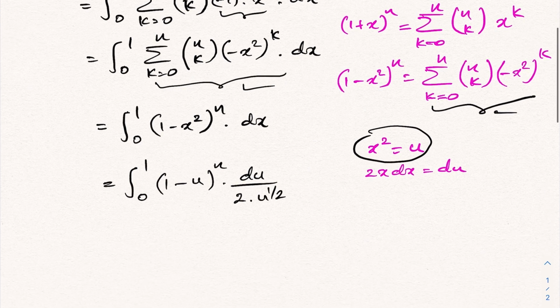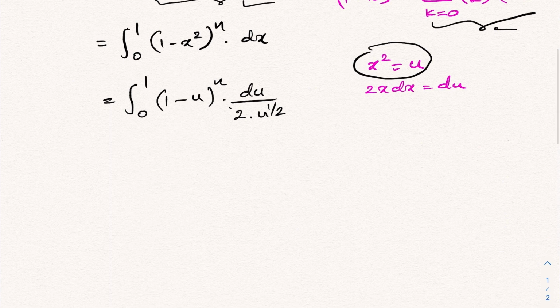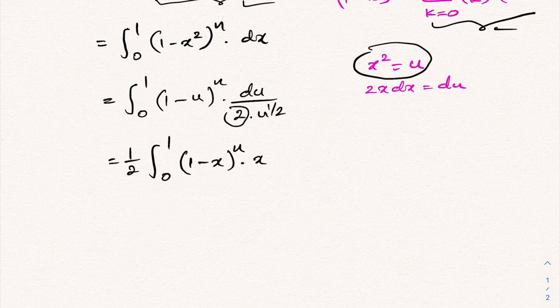Then 1 over 2 is a constant, so we can write it outside of the integral sign: 1/2 times the integral from 0 to 1. Now the variable is u, but we can change the variable because a definite integral is independent of the variable, therefore we can write (1 - x)^n times x^(-1/2) dx.